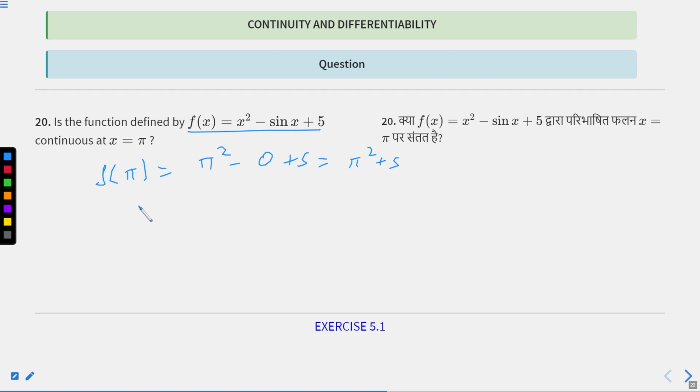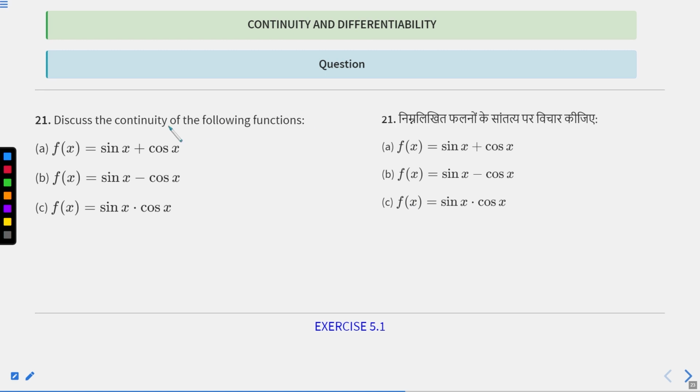Now limit x tends to pi of x square minus sine x plus 5 will be just pi square plus 5. The same thing. This means it is continuous. Now let us move to next.